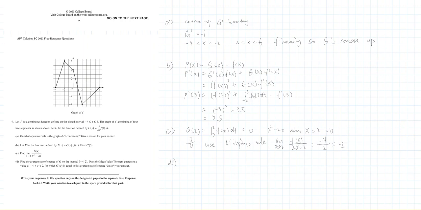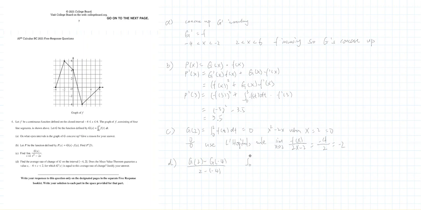Part D. Find the average rate of change. It's just g of 2 minus g of -4 over 2 minus -4.